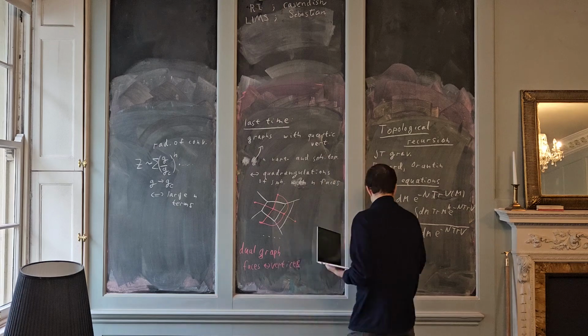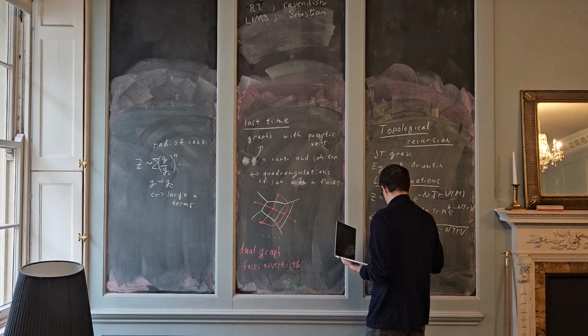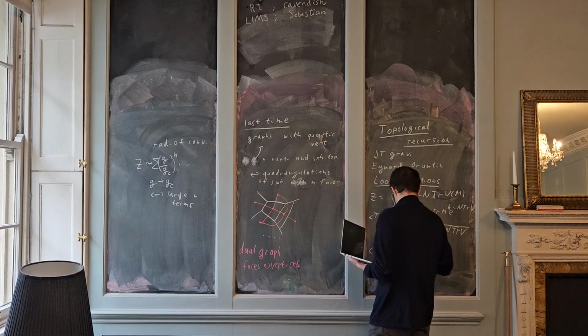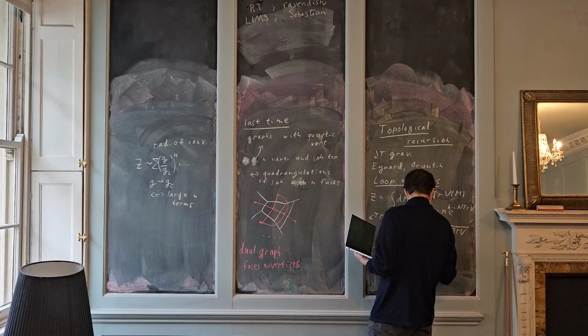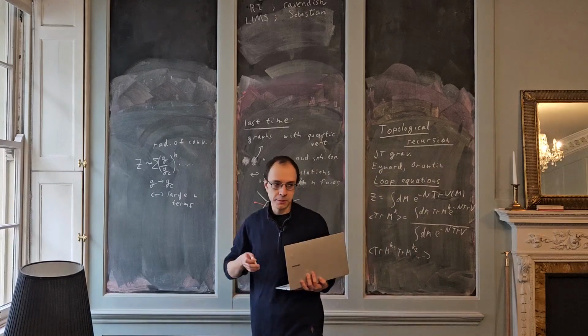And then one can consider multiple insertions like trace m to the k1, trace m to the k2, and so on. So these are going to be the basic observables.